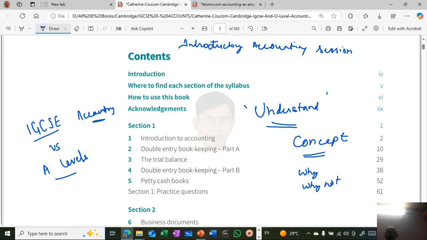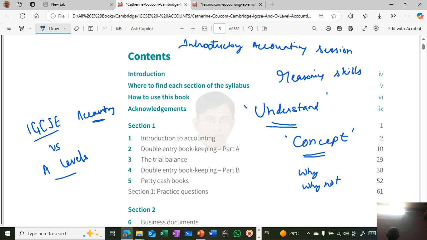If a teacher says that you have to treat a particular item like this, you should be able to answer why you have to treat it that way and why you should not treat it in some other way. That is what a concept is, when you have reasoning skills. So you should develop reasoning skills.